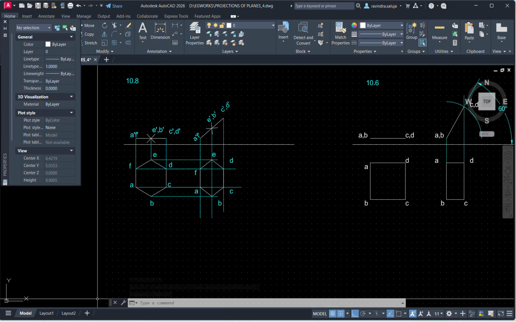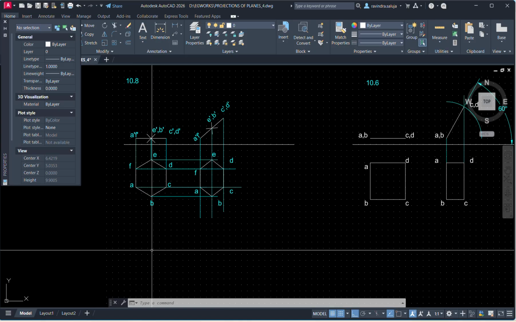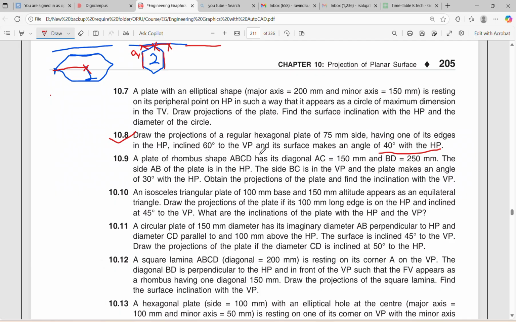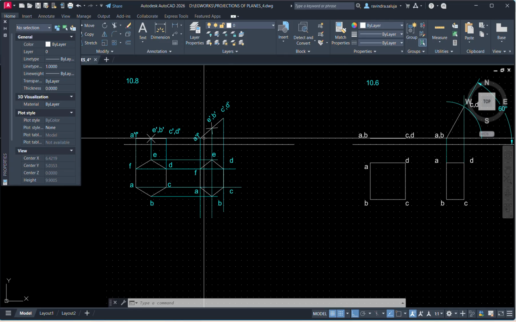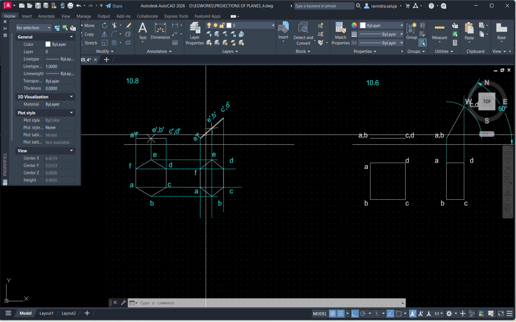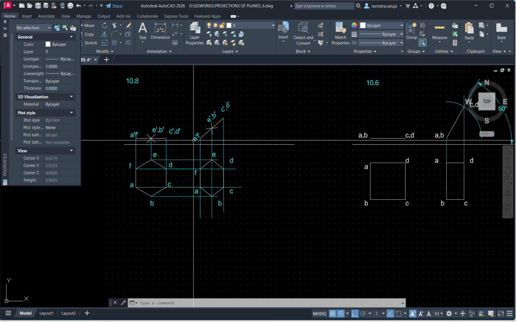Now up to two steps, you have made the two shapes. In the second step, you have taken the surface inclination. Now one more thing you need to take care of, that is the 60° to VP. So the edge where it is resting, that edge you need to make 60° to VP. In this, basically AF is the edge on which your plane is resting, because you have taken AF as the base.